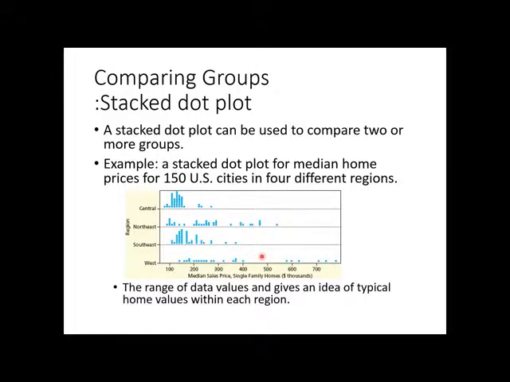If some policies are applied to the West Coast cities, that may not work for the central cities. So we have to consider different policies for the central cities and West Coast cities because of this different house price distribution.